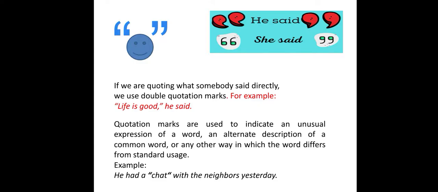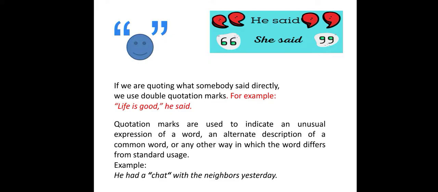Now, our last punctuation in this video will be the double inverted comma. I hope you know the meaning of inverted commas. See, inverted commas will start with two commas and will also end with two commas.